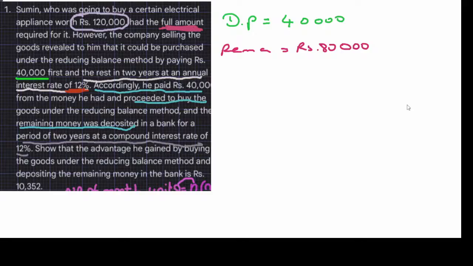Right. So let's see. And for how many years is he depositing his money? For a period of 2 years. So let's see the total interest he is going to get by depositing this 80,000 in the bank. First we'll calculate the interest for the first year.